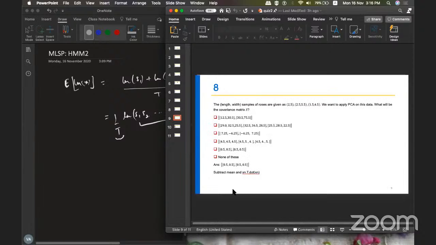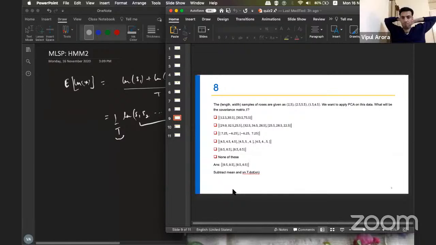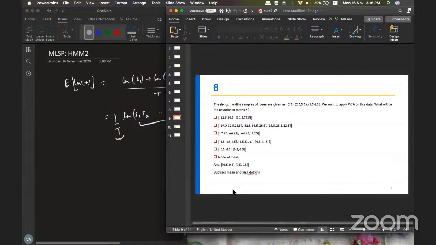Sir, in the last question, you didn't actually take in the factor of 1 by n. In the covariance matrix, we take in the factor of 1 by n to multiply all the values. I have referenced the slides also in the PCA, and you have incorporated a factor of 1 by n in the slides also.